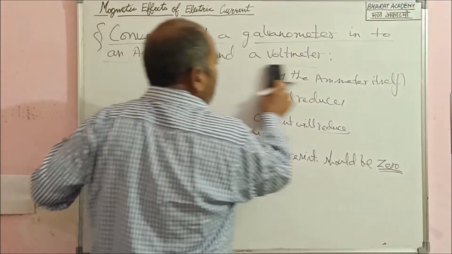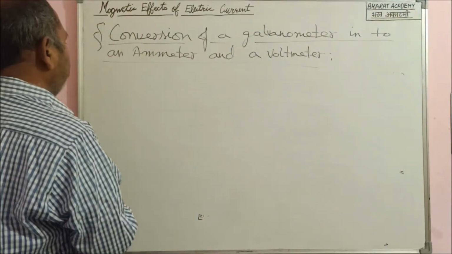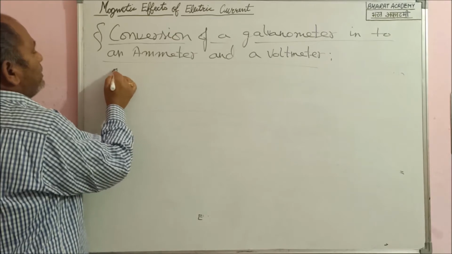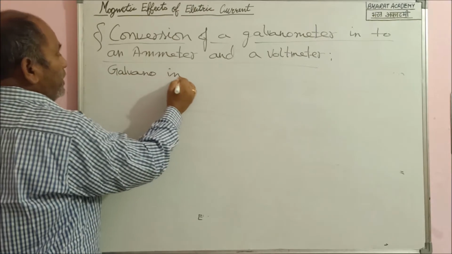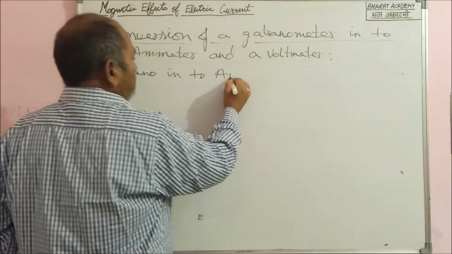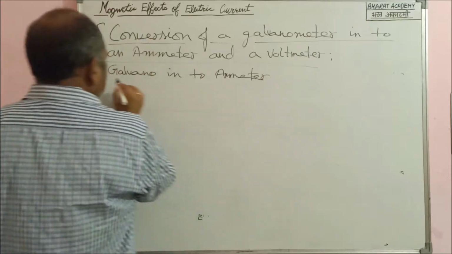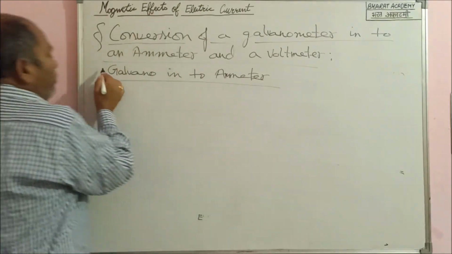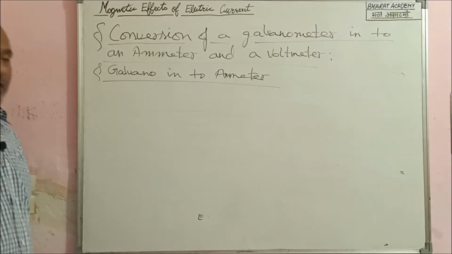Now, how to convert? The question was: how to convert a galvano into an ammeter? I will take the first part, galvano into ammeter. No magic is going to happen. Remember, we will measure the current mathematically.